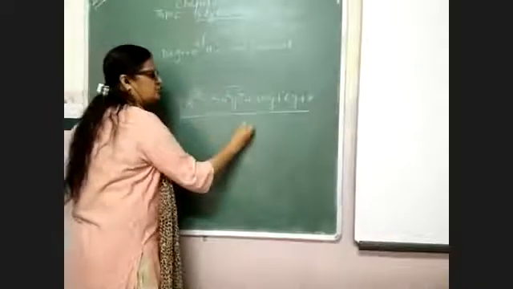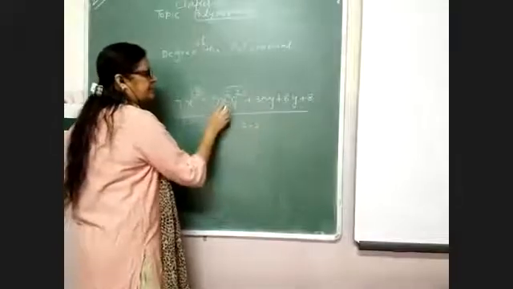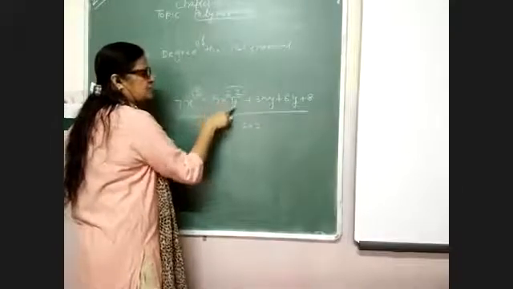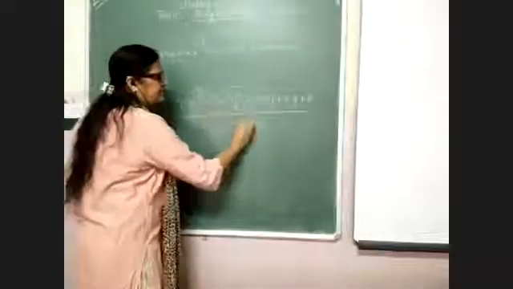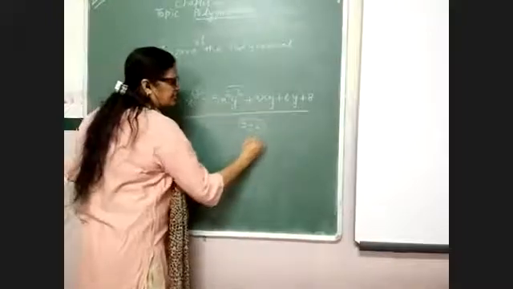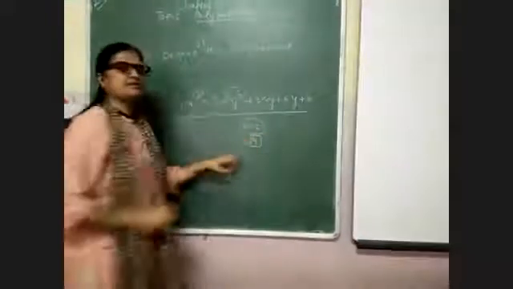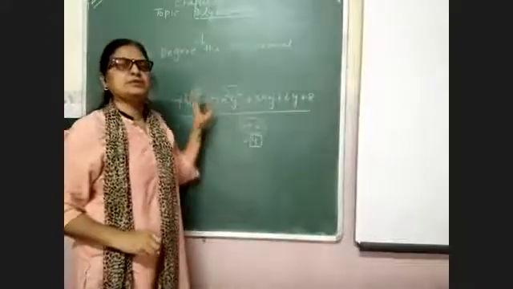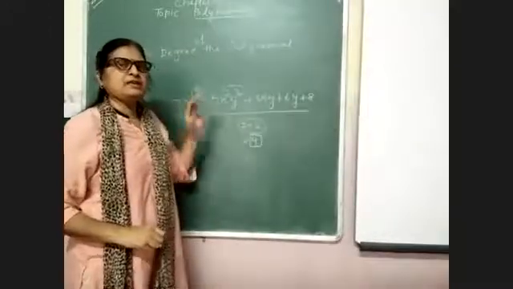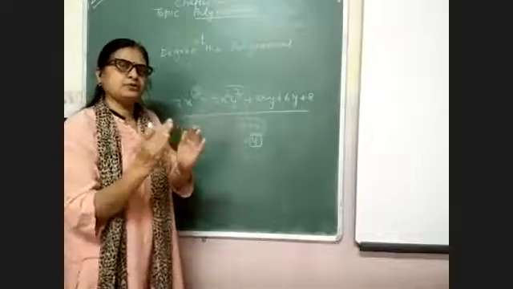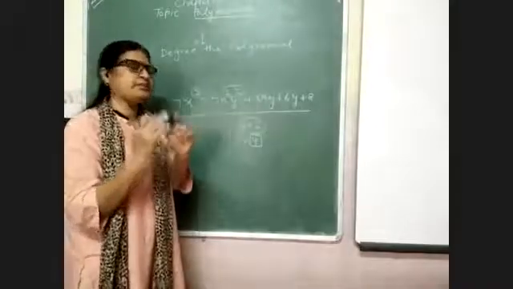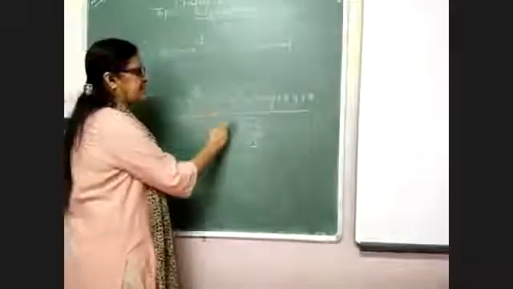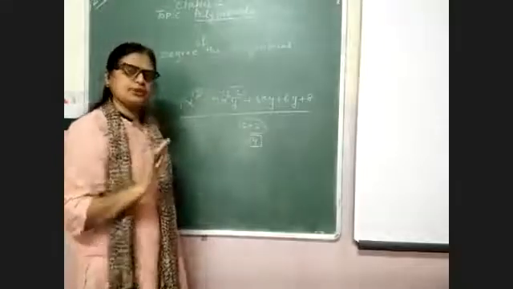So the degree of x is 2, the degree of y is 2. By adding 2 plus 2, the highest degree is 4. When two or more variables are used in the polynomial, you will combine together the degrees of the variables and find the degree of the polynomial.